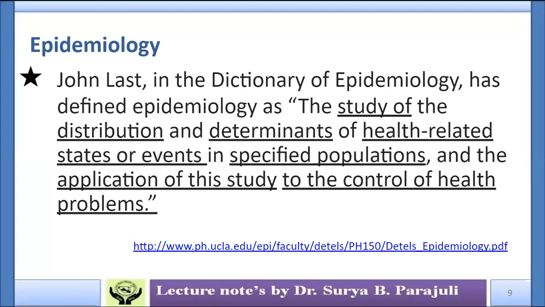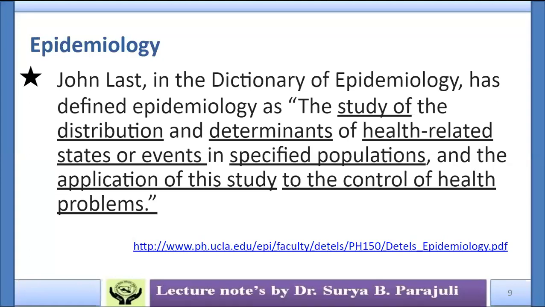As per questions number 2, 3, and 4, that is distribution: time, place, and person, TPP. And the third part is determinants. Determinants means what are the factors that determine COVID-19? Why is COVID-19 more in developed Italy than other countries? Why is COVID-19 more in province number 5 than province number 1? What are the factors responsible for the high number of COVID-19 cases in our province 5?